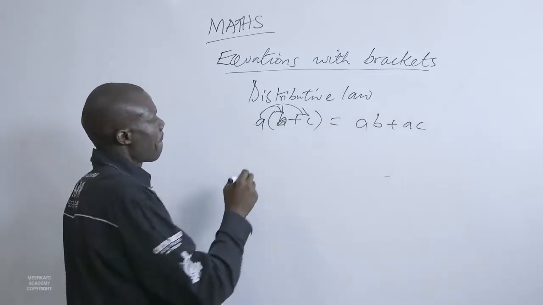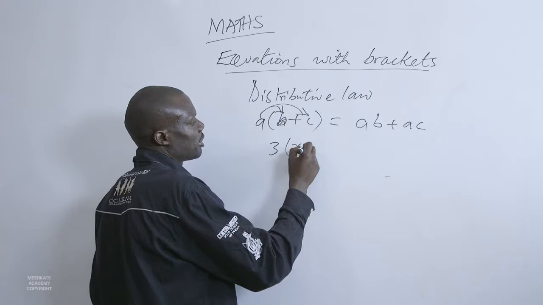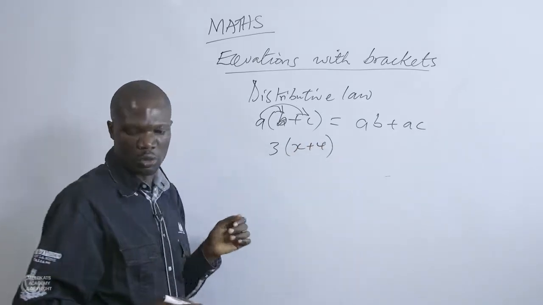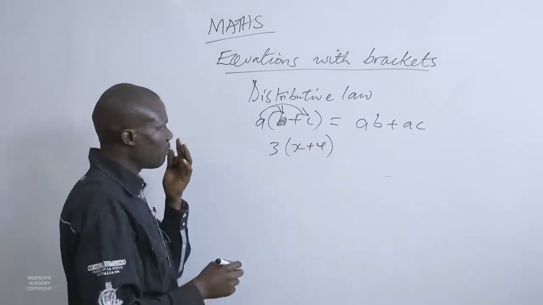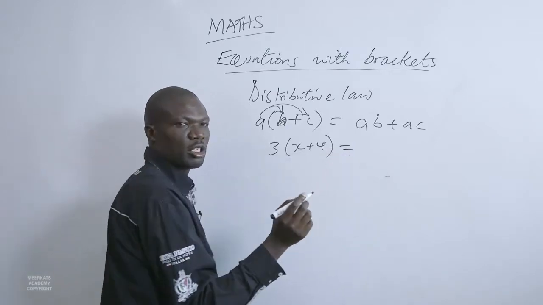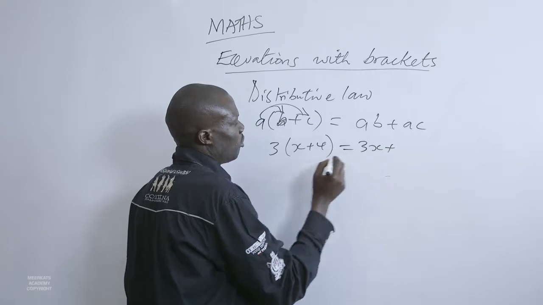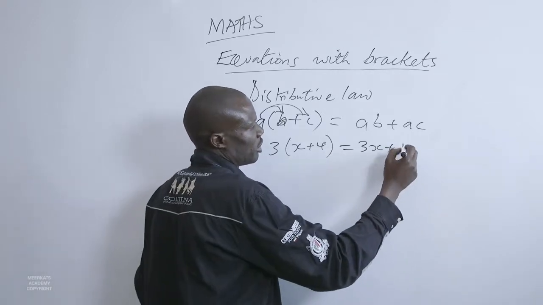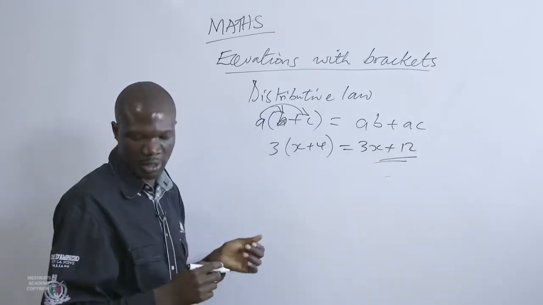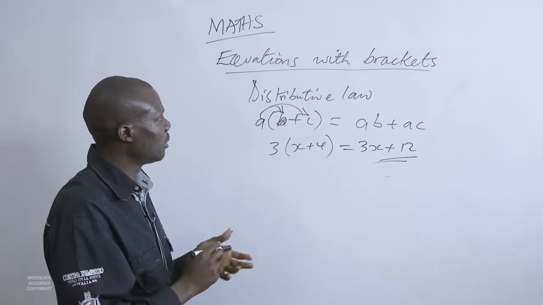For example, 3 into x plus 4. If you are working out this, then you'll find that using distributive law, it is 3 times x, which is 3x, plus 3 times 4, which is 12. We have expanded that. So we need to know this.